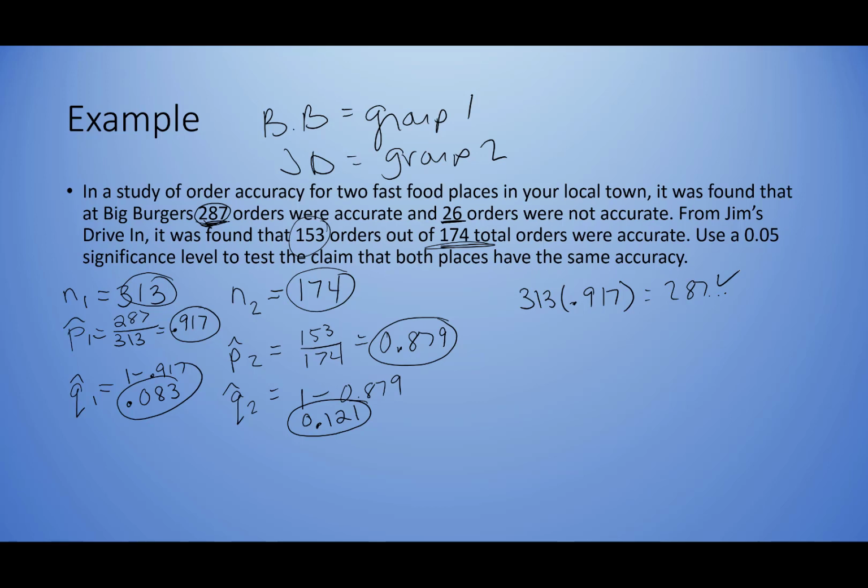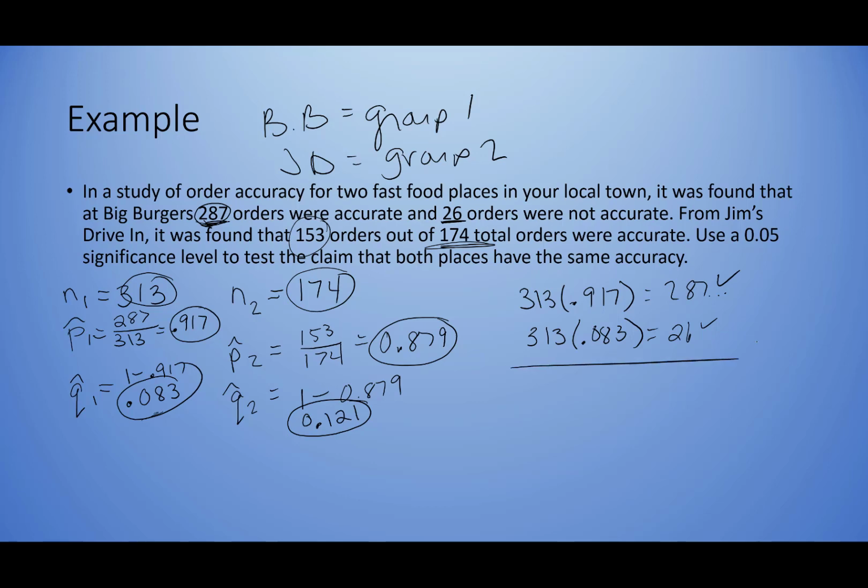So we are good with that portion. Now still with group 1, I also have to check the q hat 1. So I have to take 313 times my q hat over here, my 0.083. And when I check that one and multiply them together, I get almost 26, which is also larger than 5. So group 1 meets that third requirement.